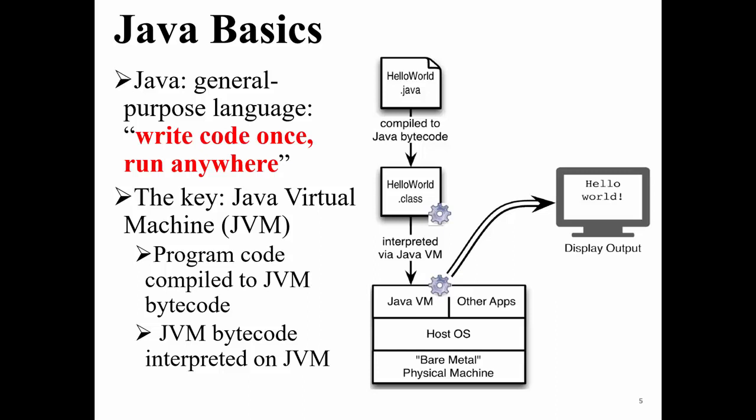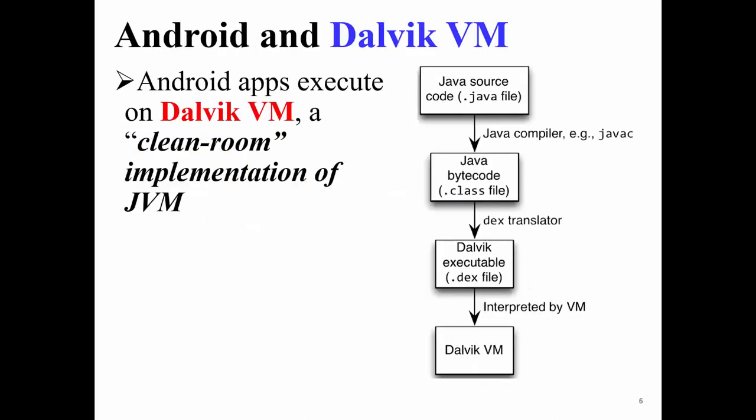This is the standard way. When you go to course 2030, you will see that you're going to work on the Java virtual machine. But for this course, we're going to run anything that we develop on Android. For Android, we're going to run it on a different Java virtual machine, the Dalvik virtual machine, which is a customized version of the Java virtual machine.